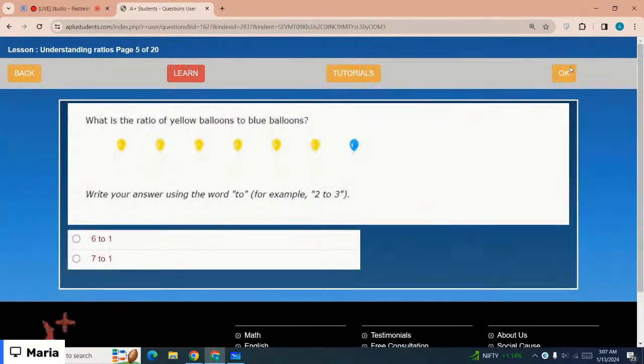What is the ratio of the yellow balloons to blue balloons? So which is the correct option?